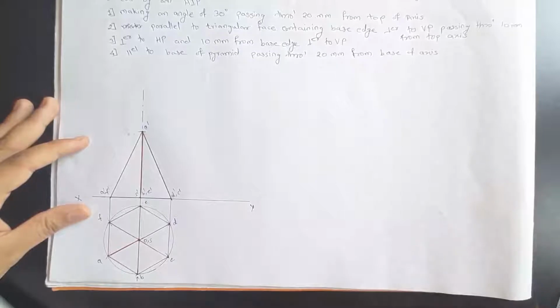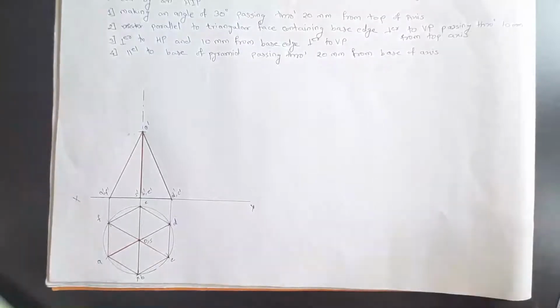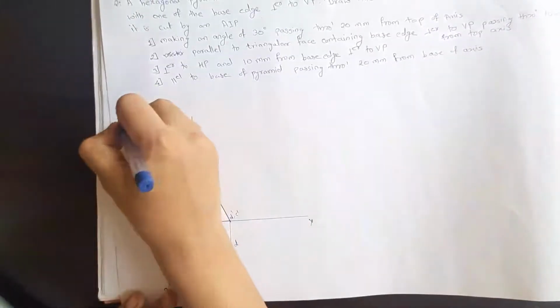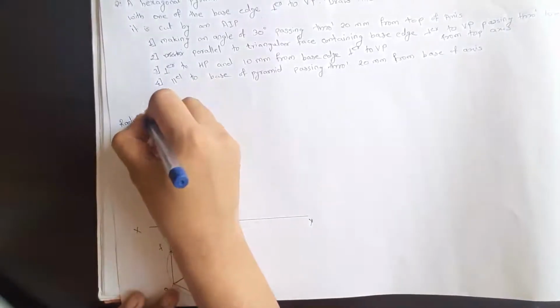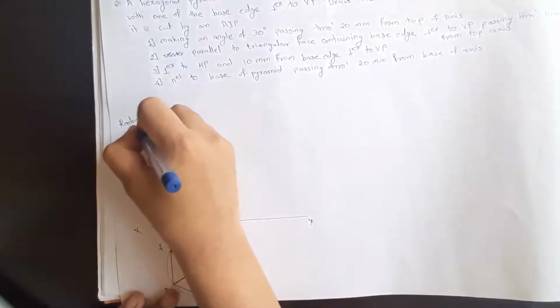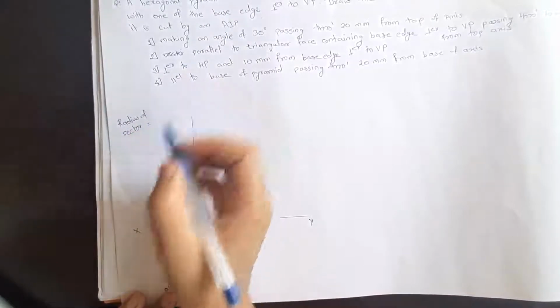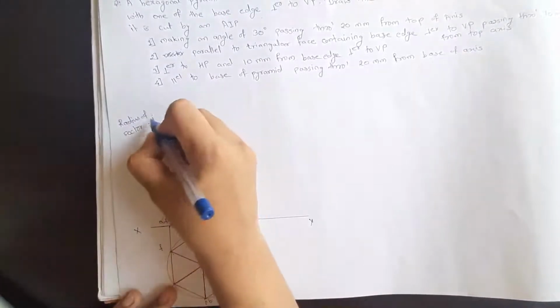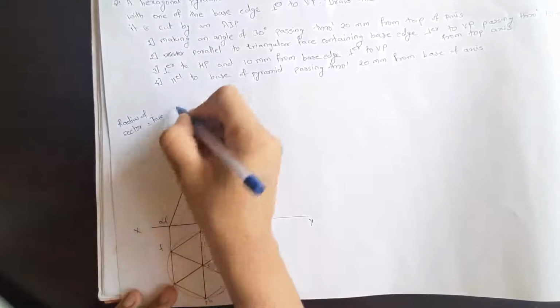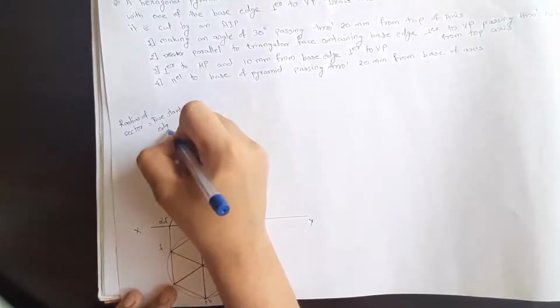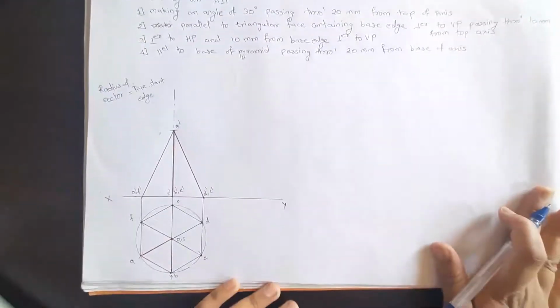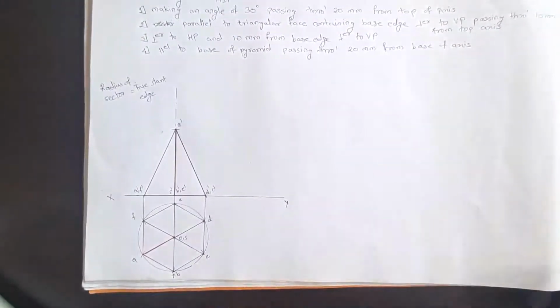Now the radius of the sector of any pyramid is always equal to the true slant edge. So we must find the true slant edge.